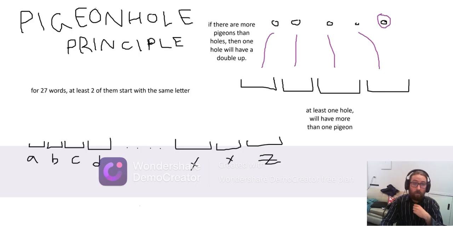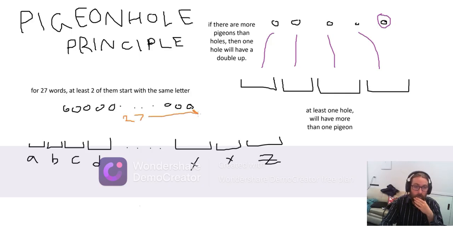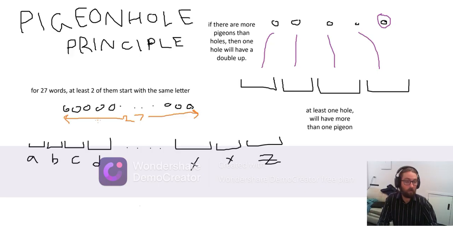And for every word out of my 27 words, so these circles can all be words, and keep in mind that there's going to be 27 of them. For my first 26 words, I could put them all in a separate hole, that's fine, meaning they all start with a different letter. But then it's that 27th one again that's going to cause problems.